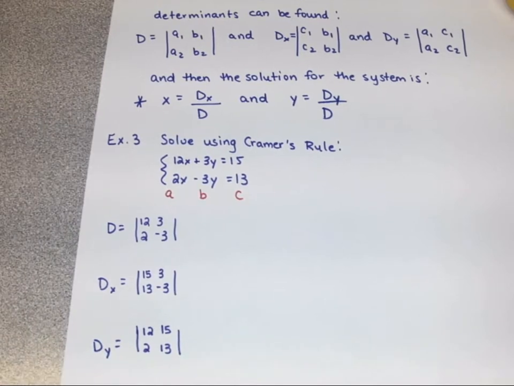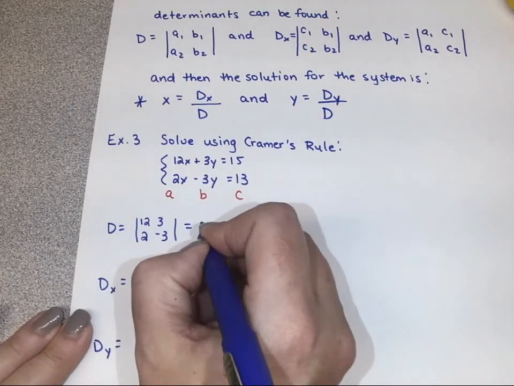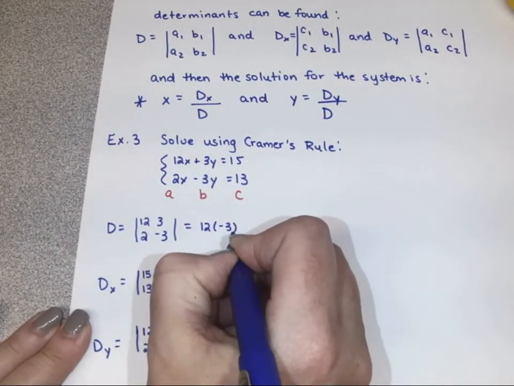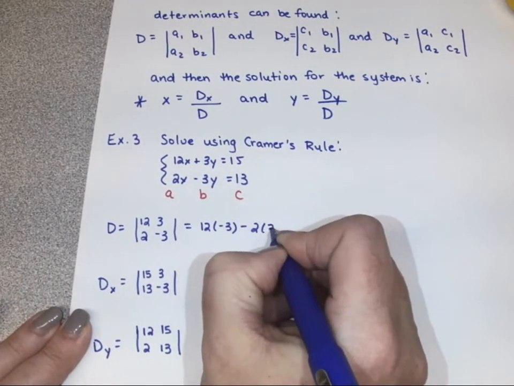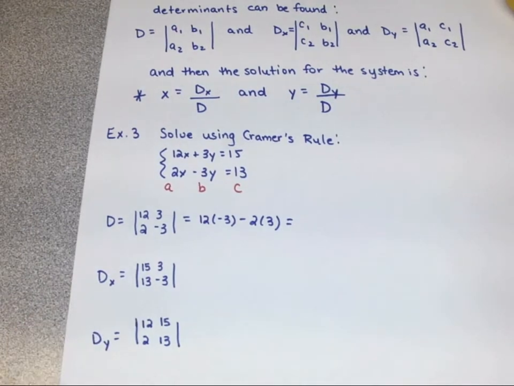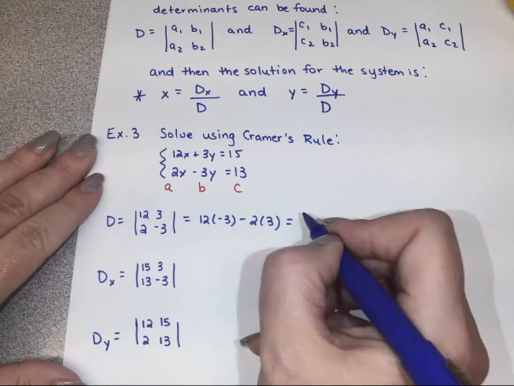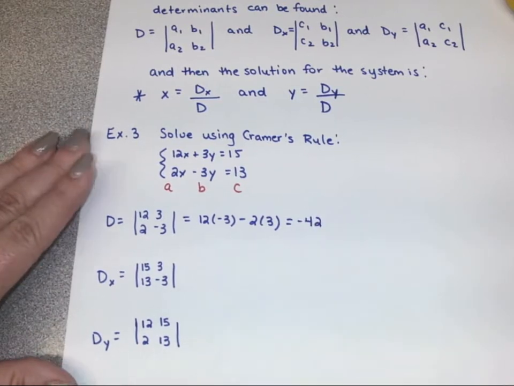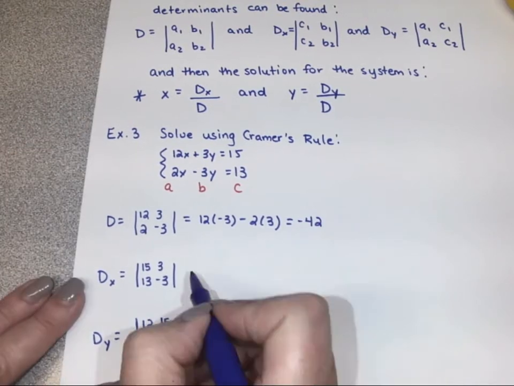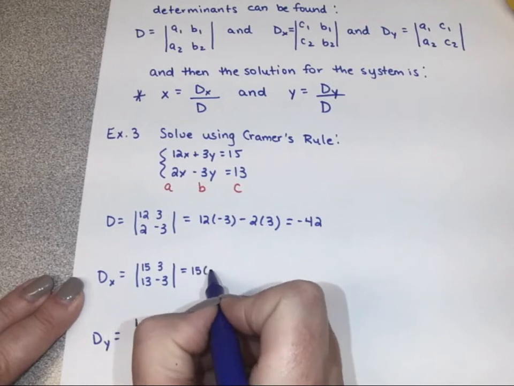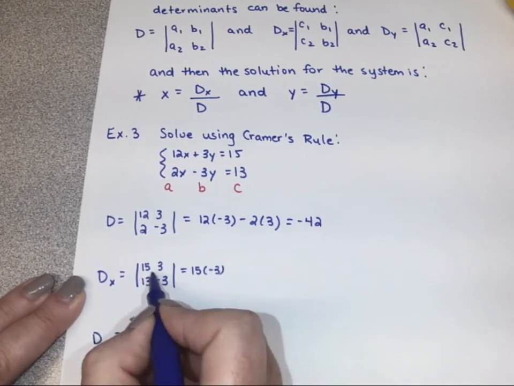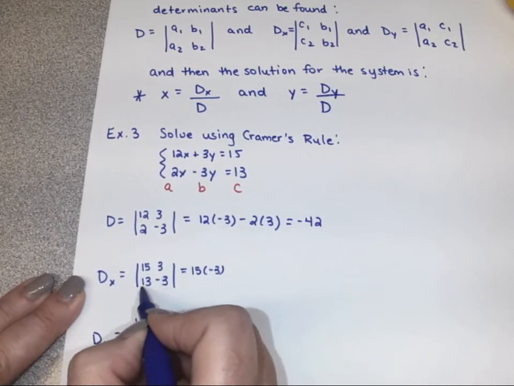So all we're going to do is cross multiply and subtract, right? So this is going to be 12 times negative 3 minus 2 times 3. So let's figure out what that is. So that would be negative 36 minus 6, which is negative 42. This one is going to be 15 times negative 3, right? So cross multiply this way, and then minus this one, right?